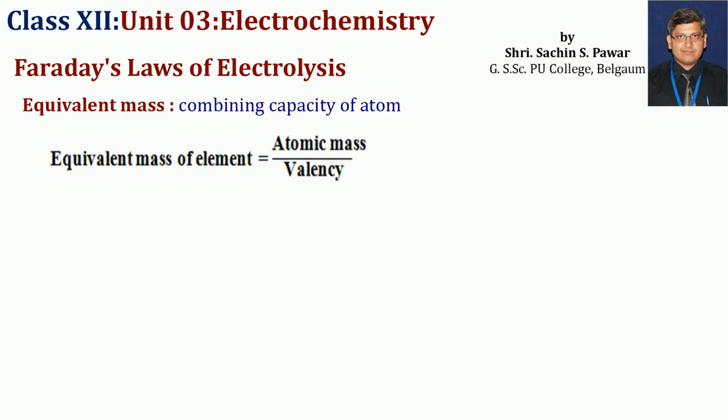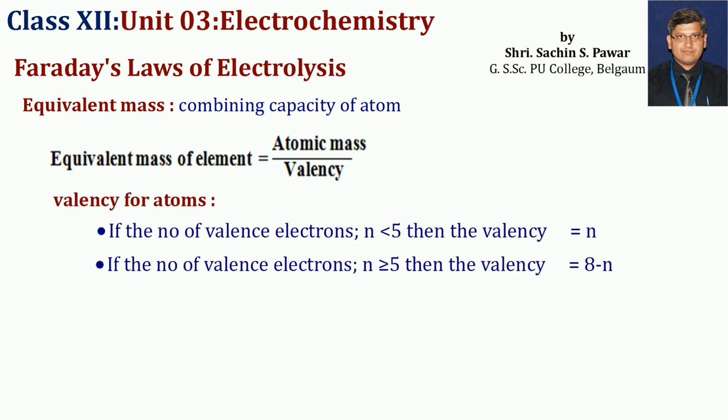In both the equations of Faraday's laws of electrolysis, we have a term called equivalent weight, also called as equivalent mass. It is the combining capacity of the atom, and for problems we have to consider equivalent mass of an element as the ratio of its atomic mass and valency. Here atomic mass can be known from the literature, however the valency needs to be determined.